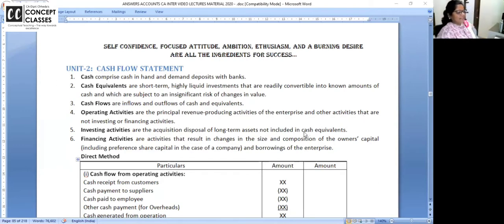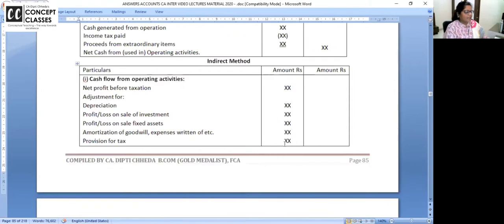So look at the screen and check if everything is clear to you or not. Cash from operating activities. Which method are we doing right now? Indirect method. Now see, cash from operating activities is how much cash profit you have earned. So they are starting with net profit, because it's an indirect method.